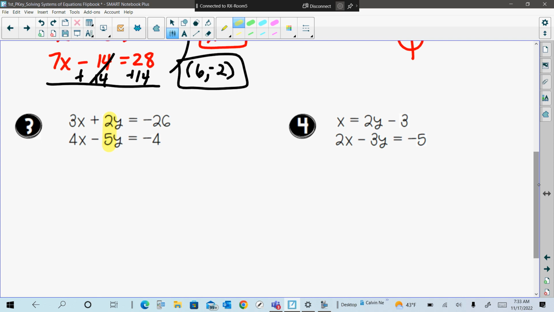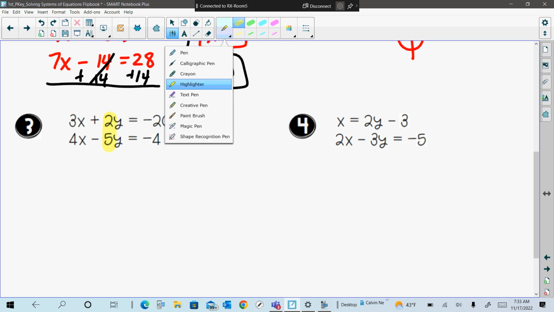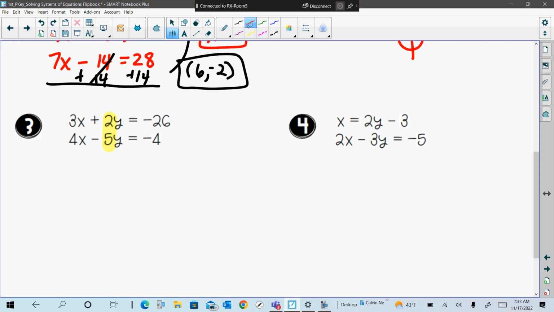So to me, I think the trick to this is always focus on the smallest variable. That's just 2y. And we have a -5. What they have in common, they have a common multiple of 10. So what we could do is multiply the top one by 5 to get a 10, and then multiply the bottom one by 2 to get 10.